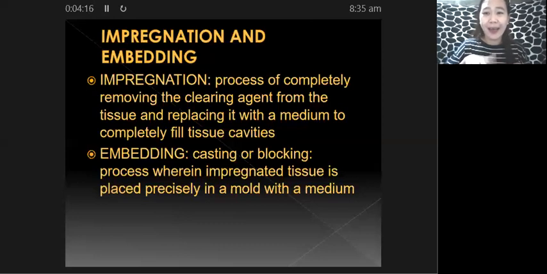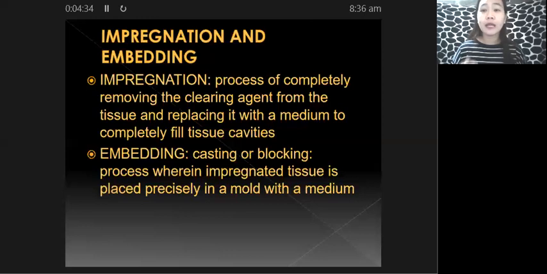The placing of your impregnated or infiltrated tissue in your mold in a particular arrangement is referred to as your orientation. Proper orientation of the impregnated tissue is very important in embedding.